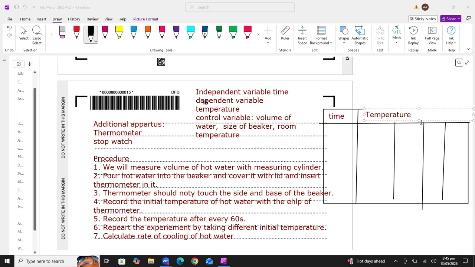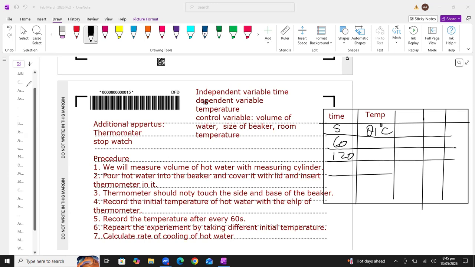And we have to write the temperature here and we are starting with the initial temperature, like the initial temperature is theta 1, in degrees Celsius, because every time we are taking a different initial temperature, and time we are taking in seconds, like 60, 120, 180, all right, and then 240, and then in the last 300.